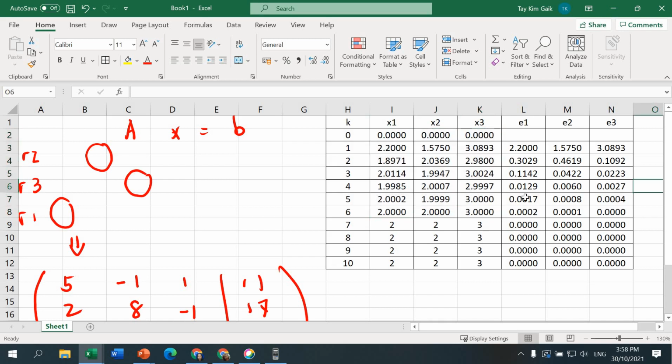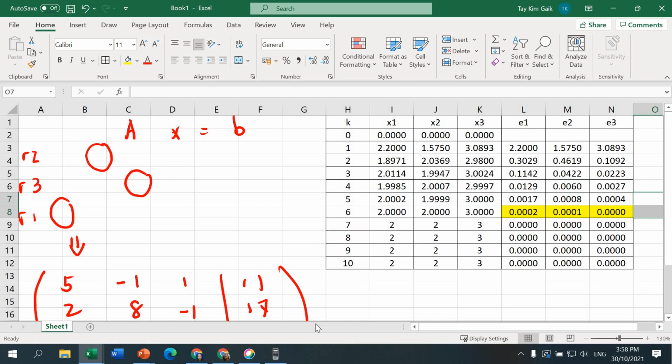So we will use this one. If we use the maximum here, the error is 0.002. When you stop at step 6, your x1 is 2, x2 is 2, x3 is 3.